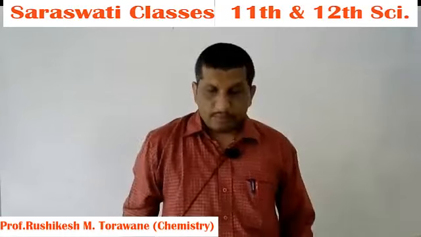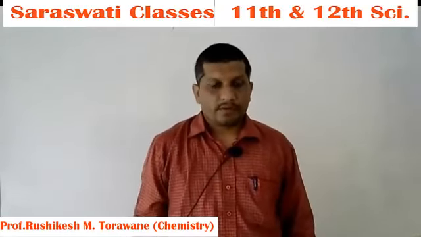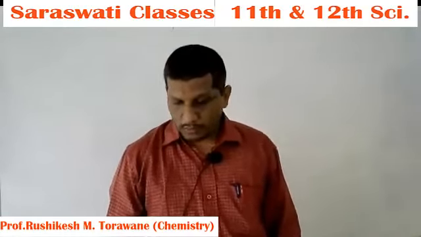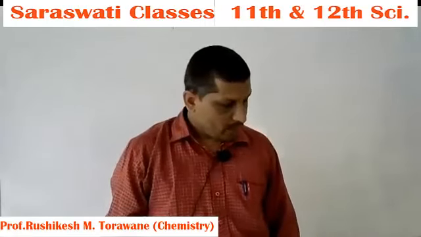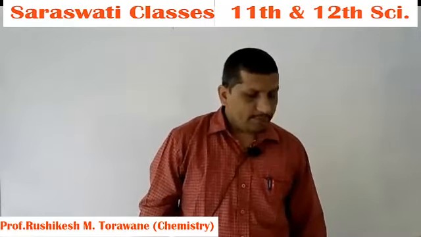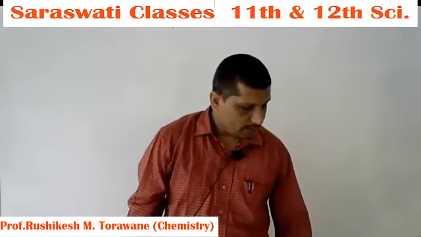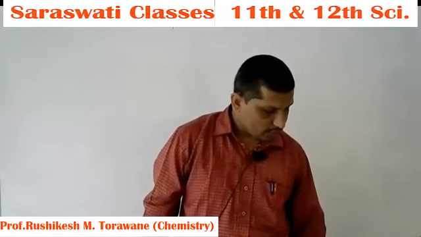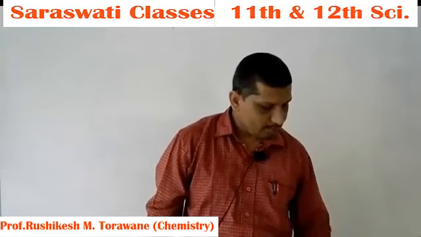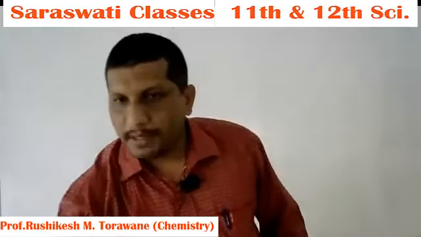Another type of definition is also there, but first we discuss how to explain Raoult's law. Here the partial vapor pressure of any volatile component in solution is equal to the vapor pressure of the pure component multiplied by its mole fraction.